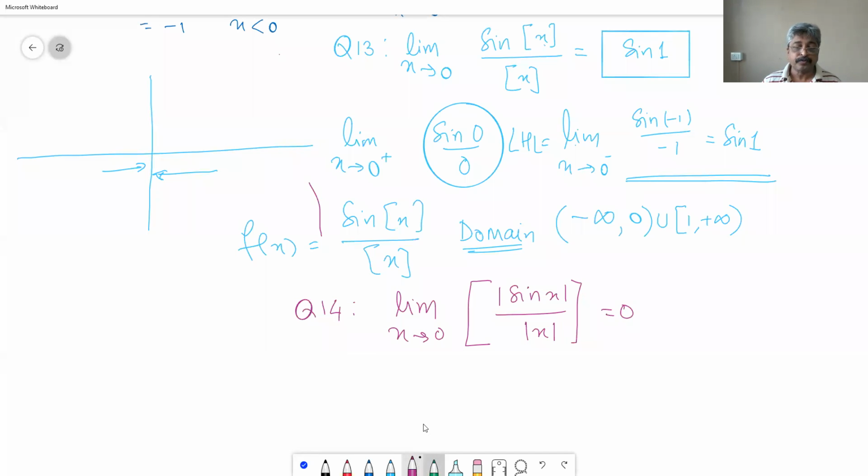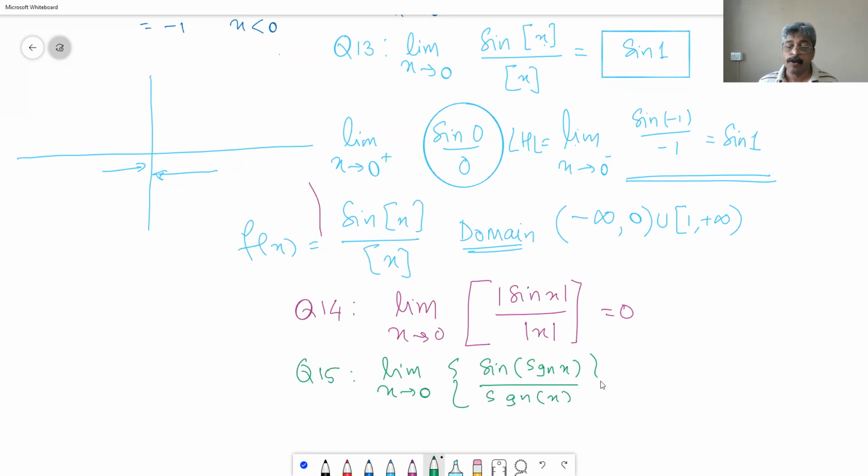Question 15. Limit x tends to 0, fractional part of sine of signum of x upon signum of x.